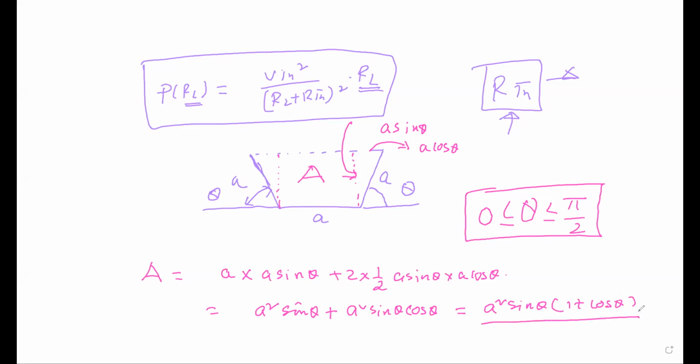Now, if your problem is two-dimensional, then your area will be a function of A and theta, isn't it? Then it becomes a two-dimensional problem. But if we fix our A, then this will be a function of theta only.